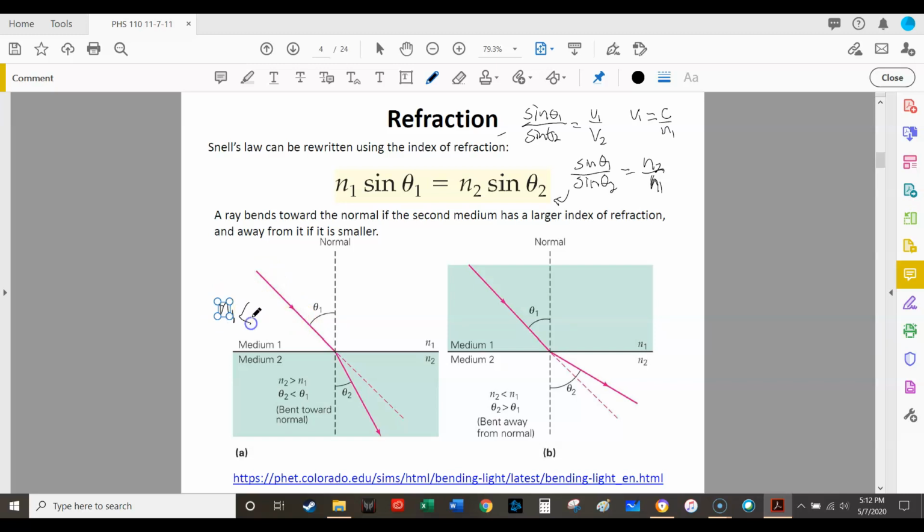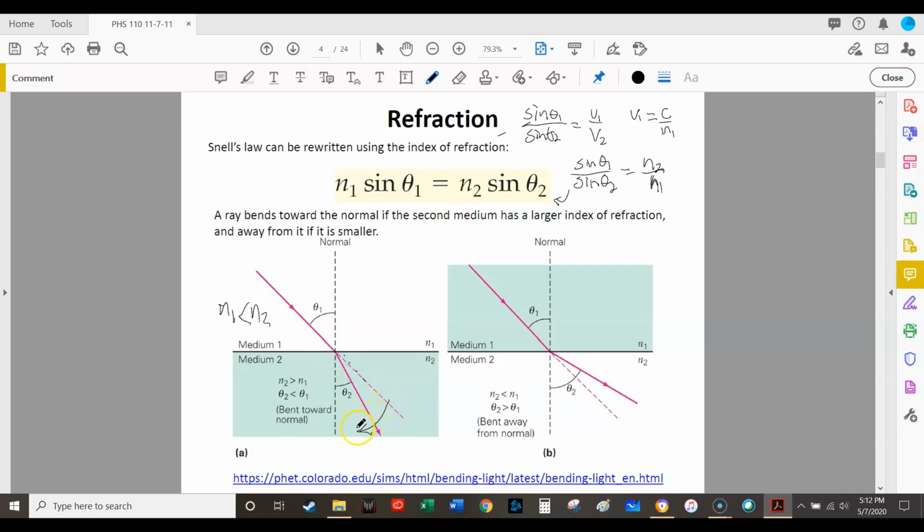So light is coming in from a less dense medium, okay, to a more dense medium, right? This medium here is a more dense medium than the initial medium up here. So when light's coming in, it's going to slow down and it's going to bend towards that normal. The more it slows, the more it deviates from its original course and bends towards that normal, right?